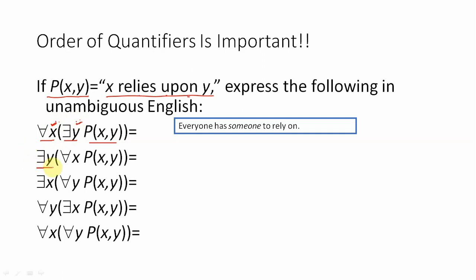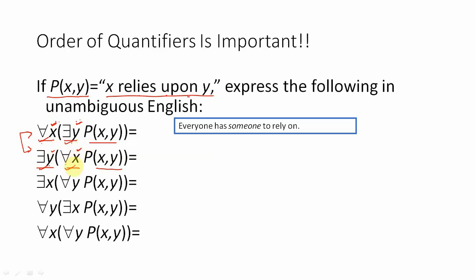Similarly, there exists y for all x P(x, y). You see, x is still bound by a universal quantifier and y is still bound by an existential quantifier, but the order has now been reversed. Now what does it mean? There exists a person y for every person x.